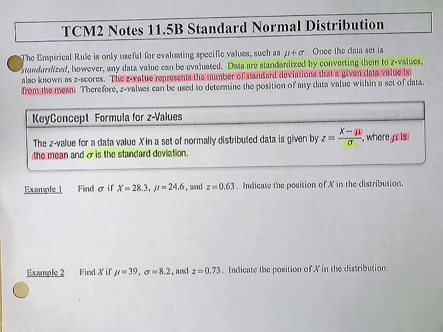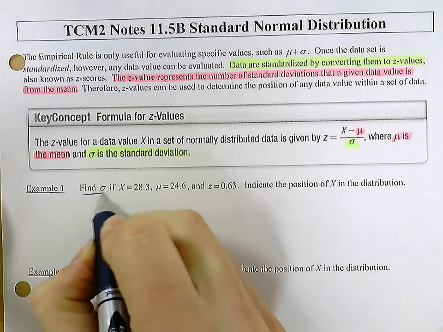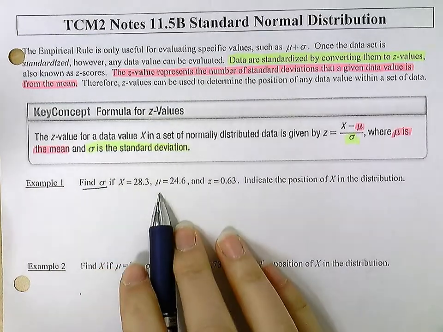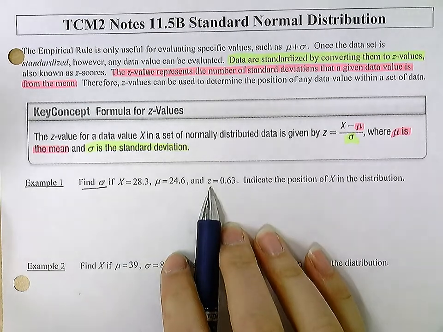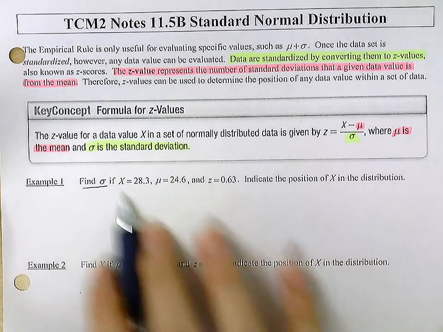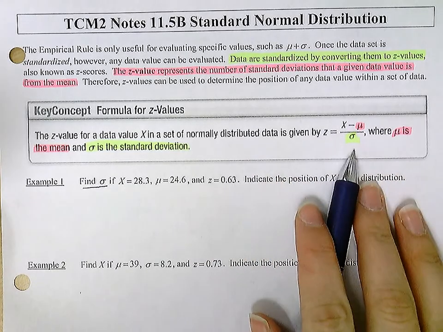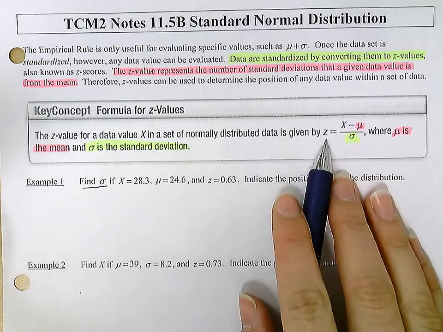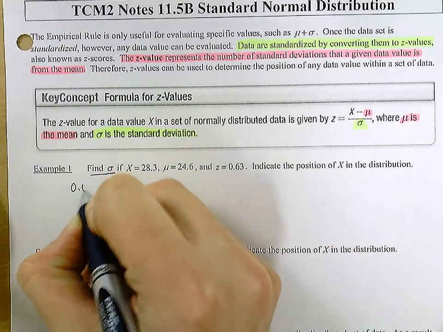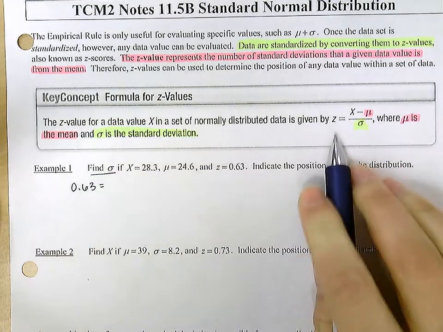In example 1, we want to find sigma if we're given x, mu, and z. What we need to do is just plug in what we know into the formula. For z, we have 0.63.